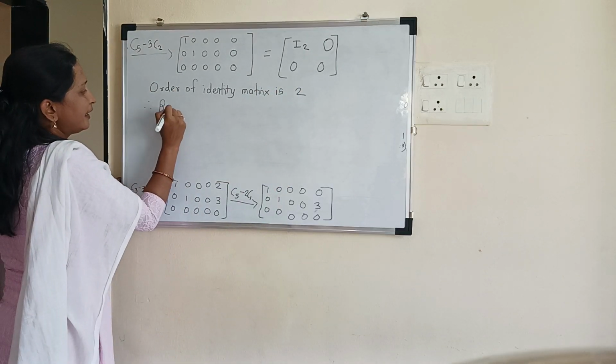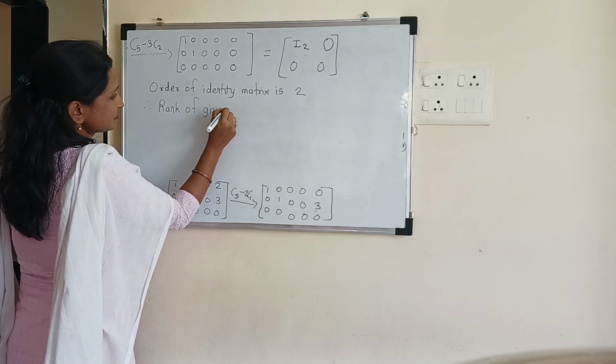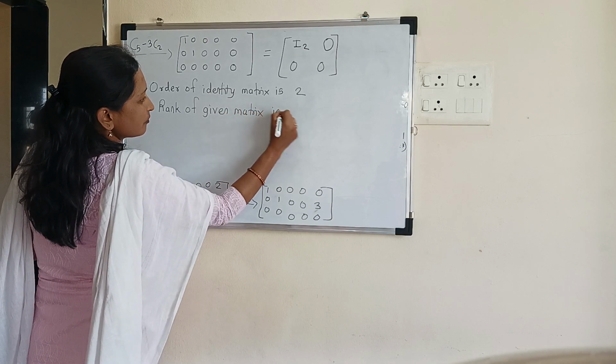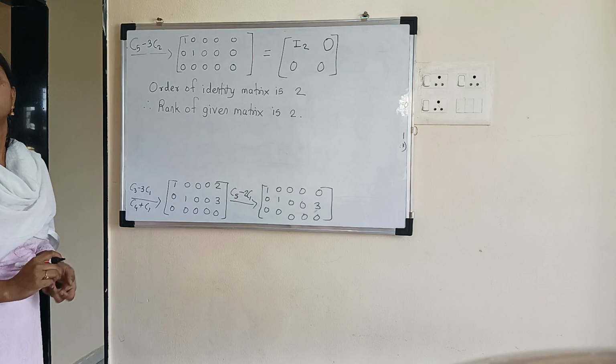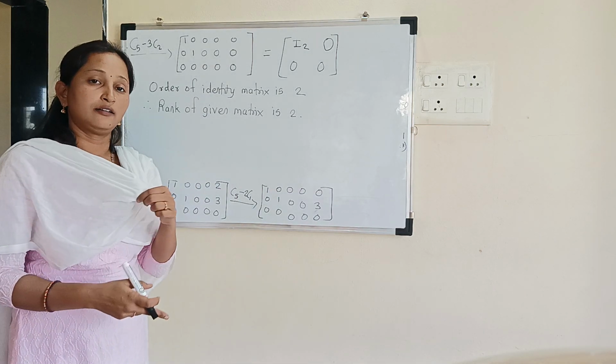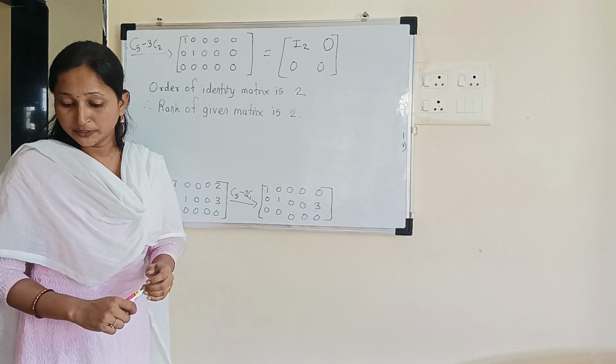Hence, the rank of the given matrix is 2. So in this way, we can reduce any matrix to its rank normal form, and we can find the rank of the matrix.